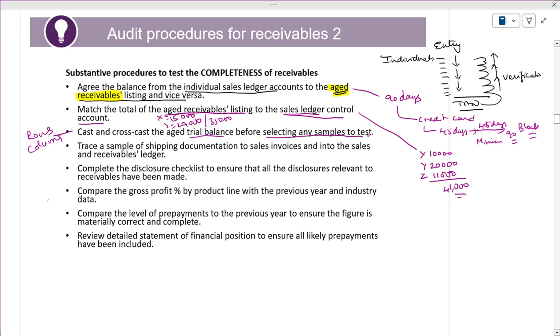Once that is done, you select the sample, and we have to select only those specific samples that come under the category of aged receivables, which are silent for a longer period of time.